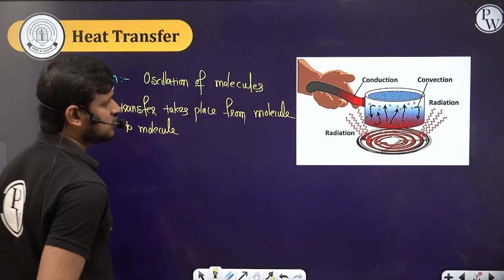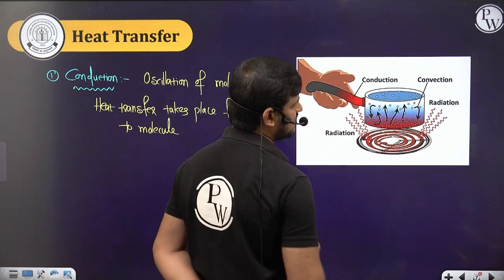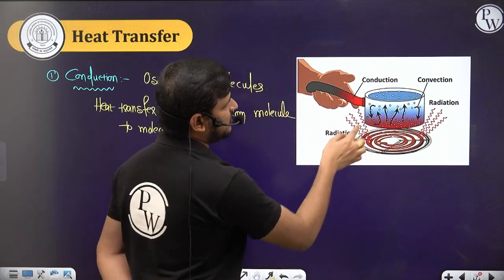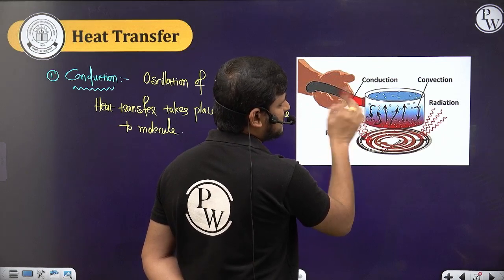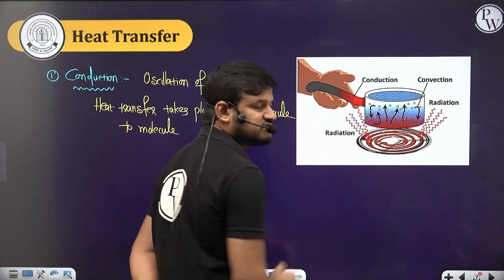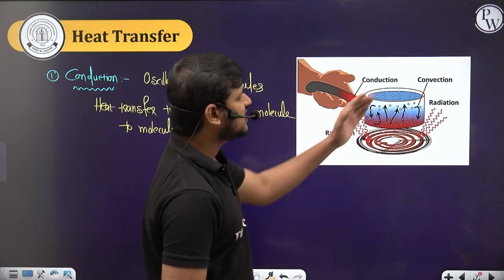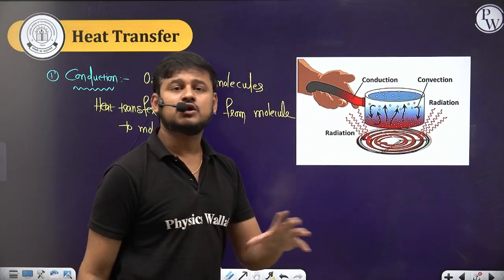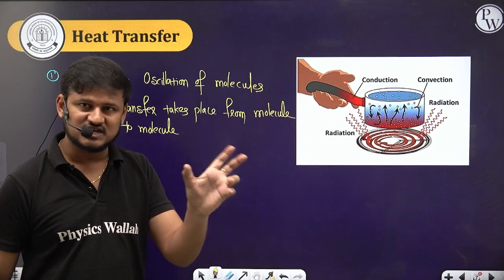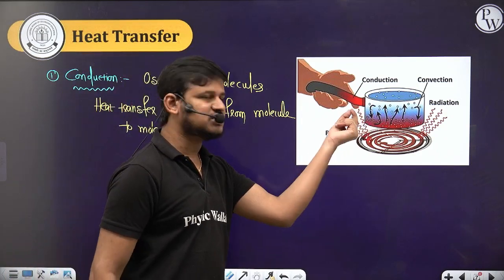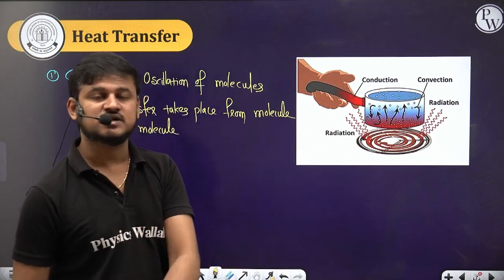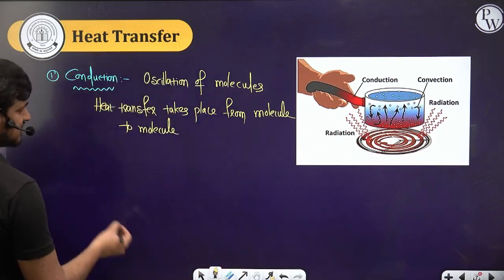That means, let's suppose, in this vessel, if you heat this vessel, what happens? This molecule transfers heat to this one, and this molecule transfers heat to this one, and this molecule transfers heat to this one. So like that, the heat transfer takes place from molecule to molecule. The molecules in the vessel are in some medium, they oscillate. So due to the oscillation, the energy transfer, the heat transfer takes place between the molecules. So that's the conduction part.